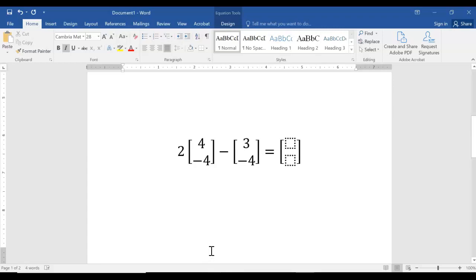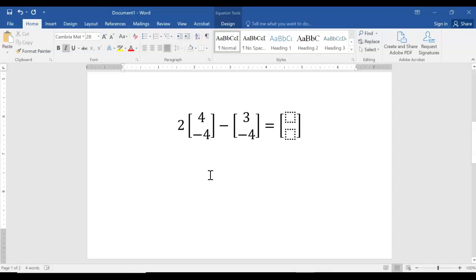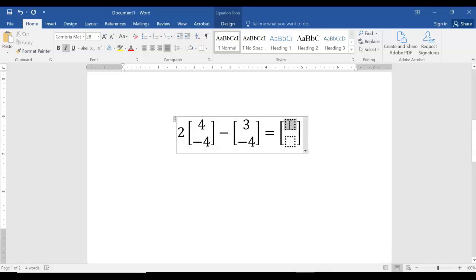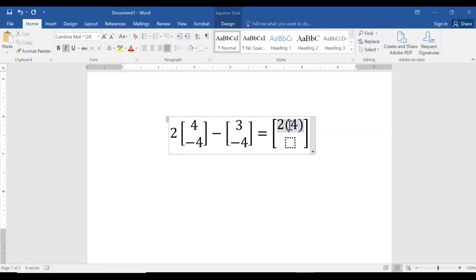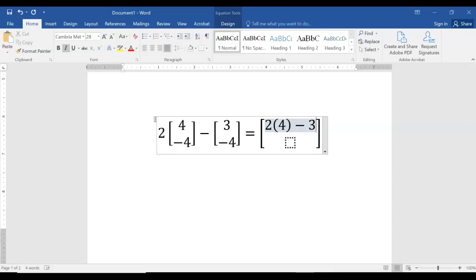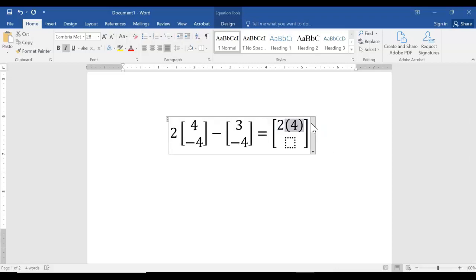So the next problem that was on that slide is this one. I'm going to do 2 times 4. And then notice we have a minus here. That's perfectly okay. Just like the 2 is out here, we distribute the 2 in here. Negative times 3 is a minus 3. So 2 times 4 minus 3 becomes a 5.